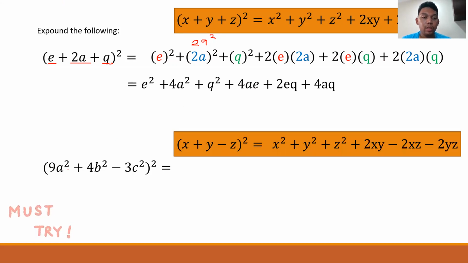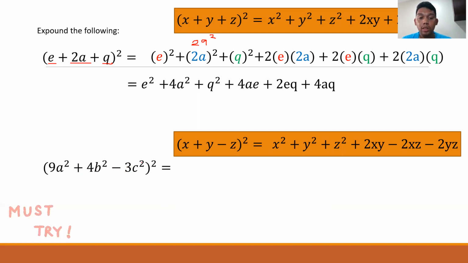All right. So for this one here, again, just follow the pattern. Since it's the negative z, we're going to follow this one. So again, you identify your x, y, z. Your x here is 9a squared plus 4b squared, your y is 4b squared, and your z is negative 3c squared, but do not include the negative symbol.